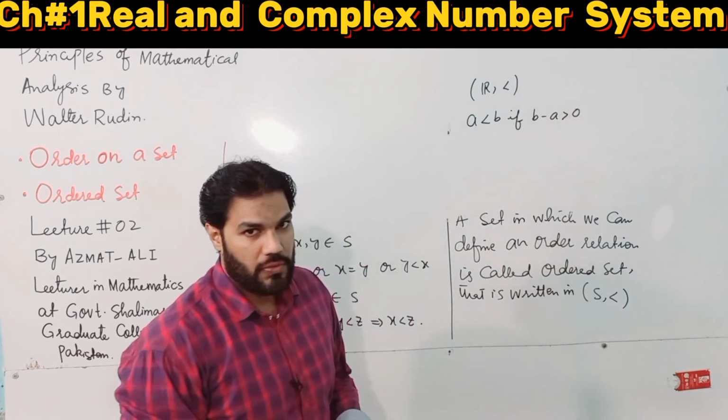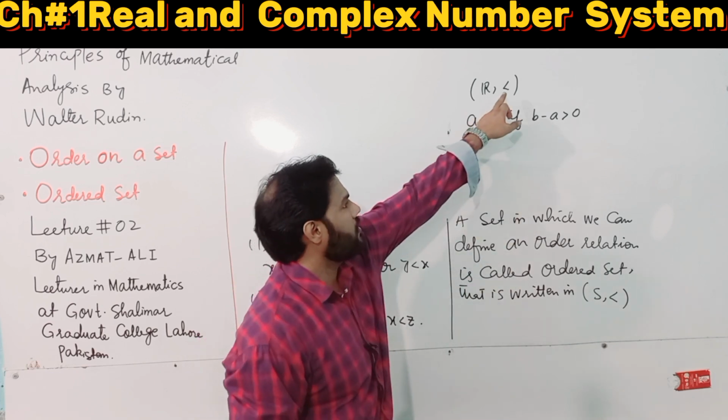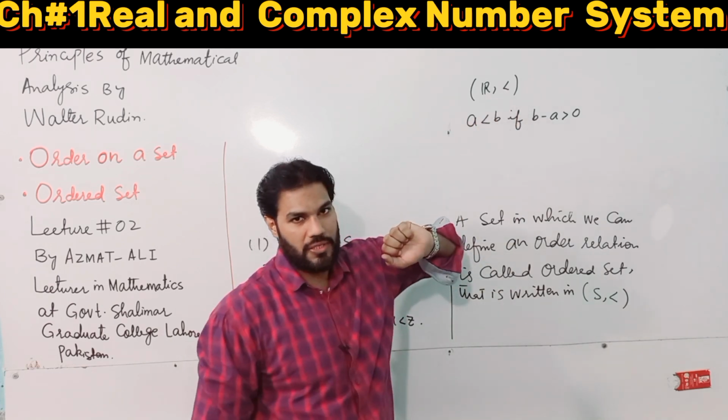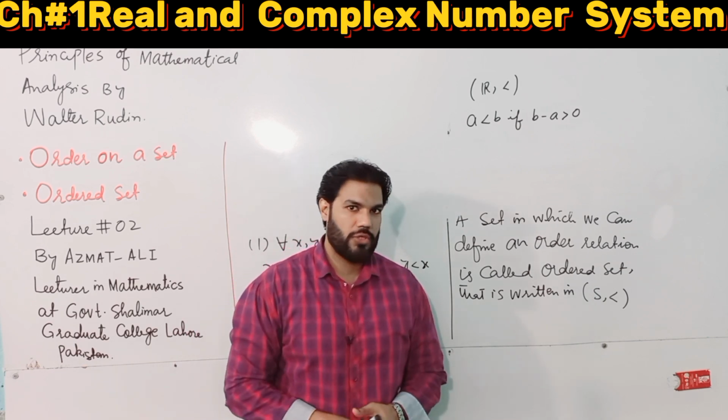So we need to check whether R is an ordered set with this order, that is the less than sign. Now you can observe that here the less than sign has its usual meaning.